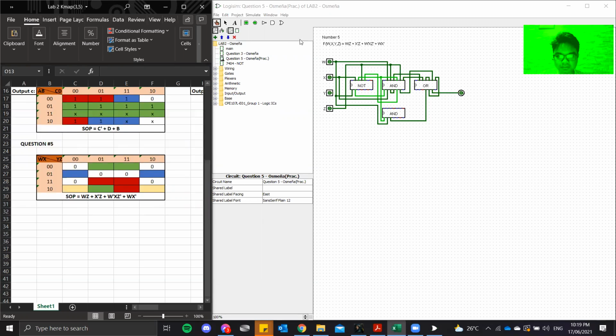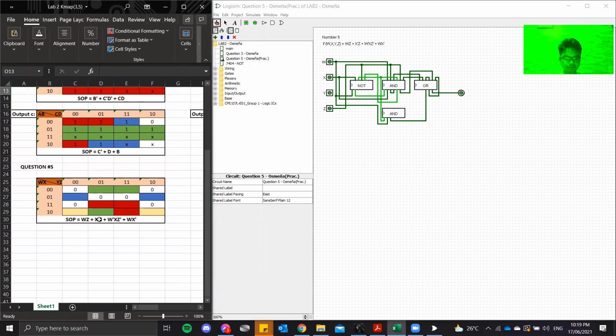So that's put here, and this is how it looks when it's implemented as a Logisim circuit. I don't have a quick table for it.